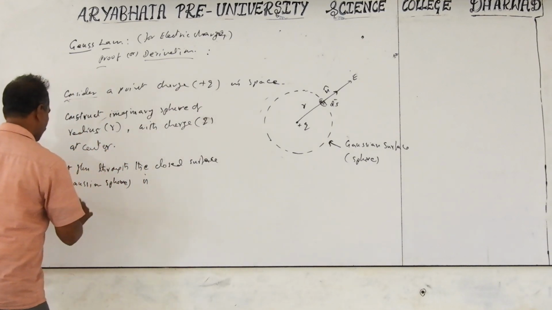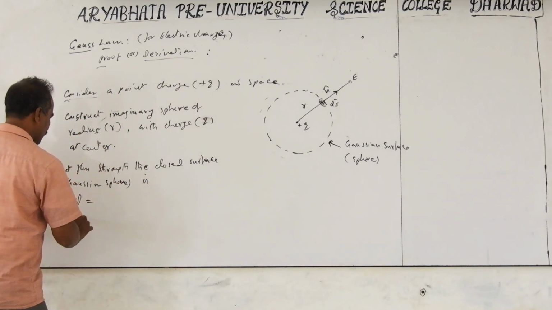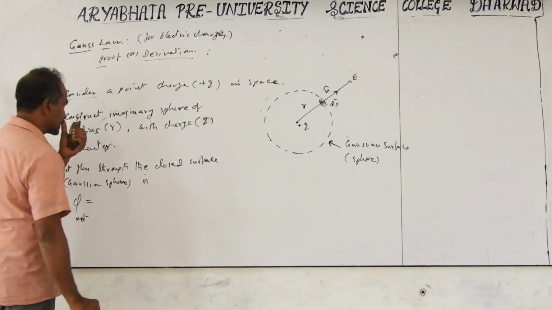Flux is equal to... only one kind of charge is there, so there is no need for phi 1, phi 2, phi 3.